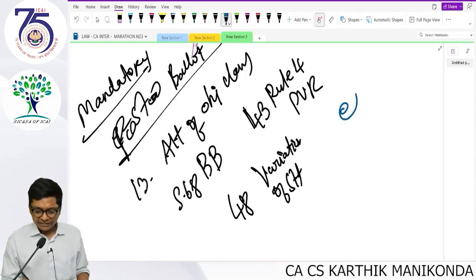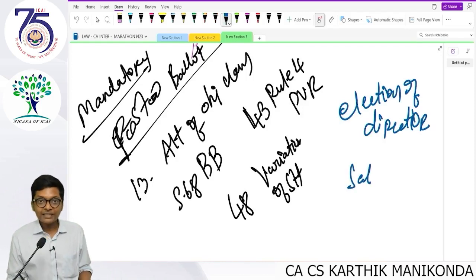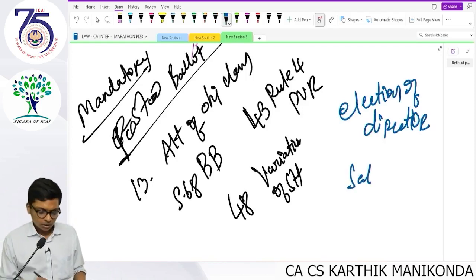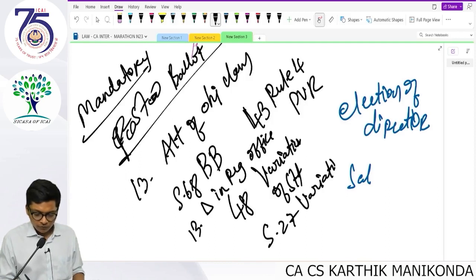director points we can leave, but we'll still write since it's there, not in syllabus. Election of director and change in place of registered office, that we saw in 13. And section 27, variation in terms.